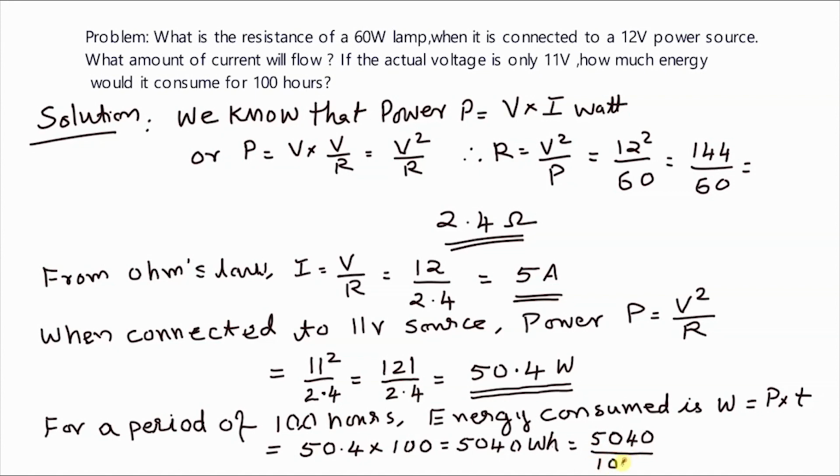This gives 5040 watt hour. Dividing by 1000, this will become in kilowatt hour, that is equal to 5.04 kWh, kilowatt hour.